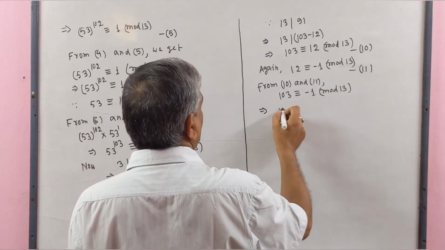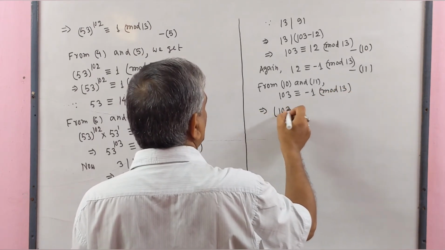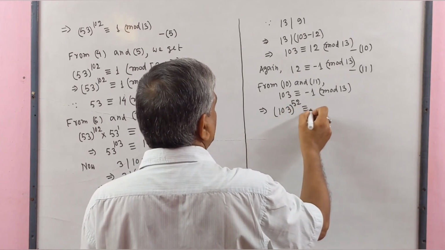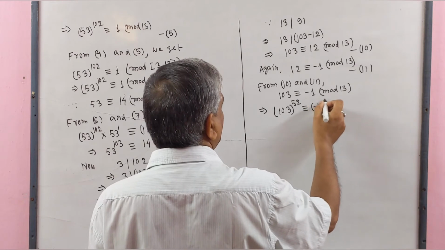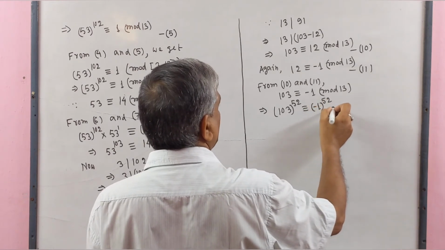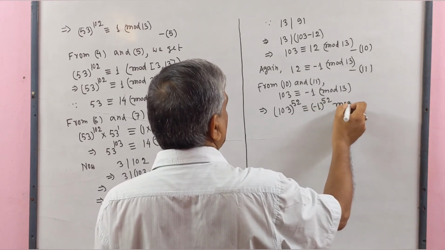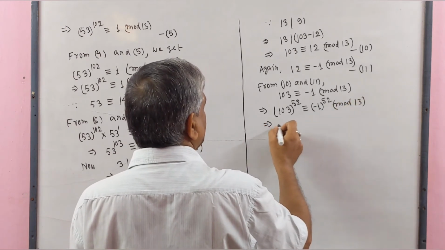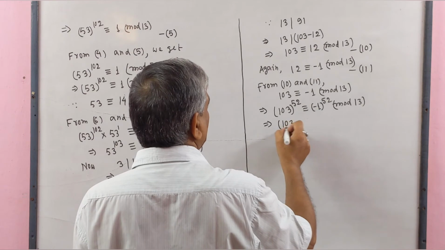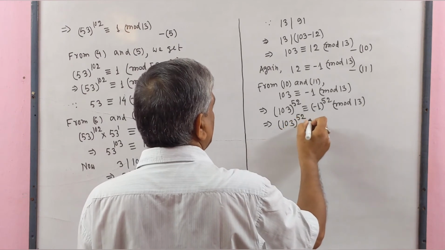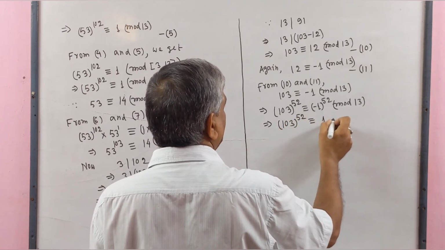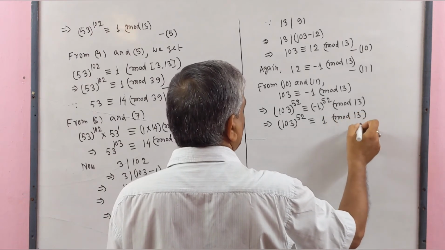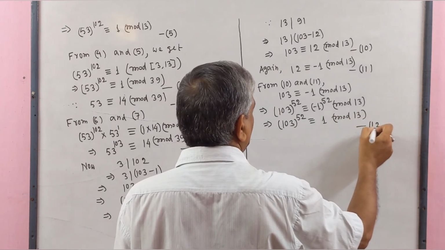This implies that 103 to the power 52 is congruent to minus 1 to the power 52 modulo 13. This implies that 103 to the power 52 is congruent to 1 modulo 13. This is number 12.